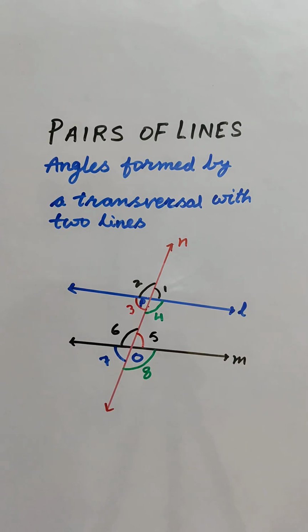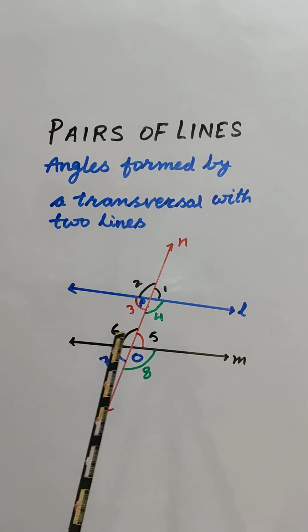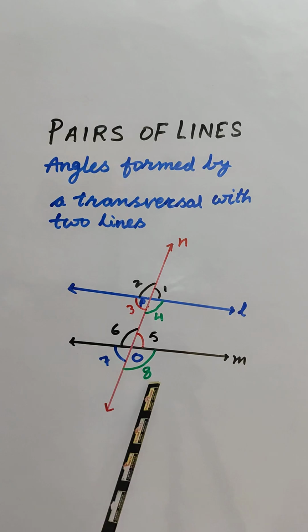Clearly, lines L, M and N make a total of 1, 2, 3, 4, 5, 6, 7, 8 angles in the given figure. These 8 angles are marked 1 to 8. Now we shall study these angles.